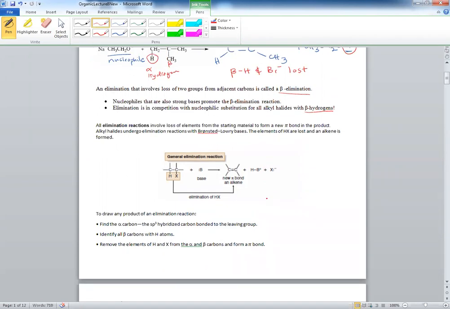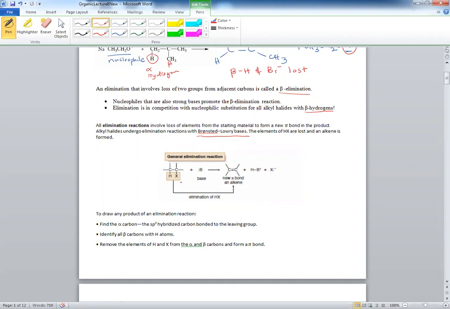It is noteworthy to discuss that all elimination reactions involve the loss of elements from the starting material to form a new pi bond in the product. So if we take a look at this right here, we have a base now. We don't have a nucleophile.